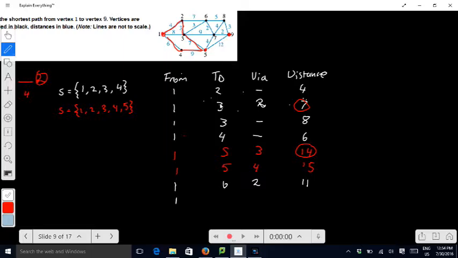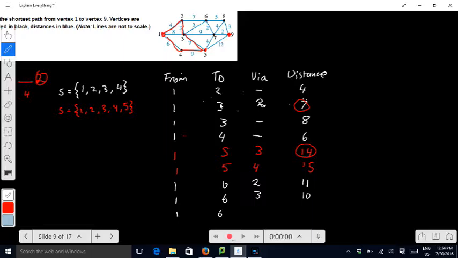I can go from 1 to 6 via 3. If I go to 3, I need to go this way. So 1 to 2 to 3. So 4, 7 plus 3 is 10.